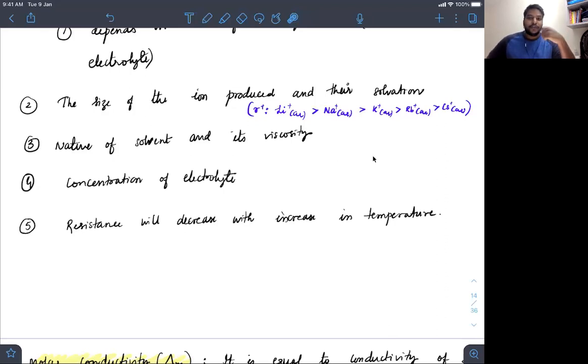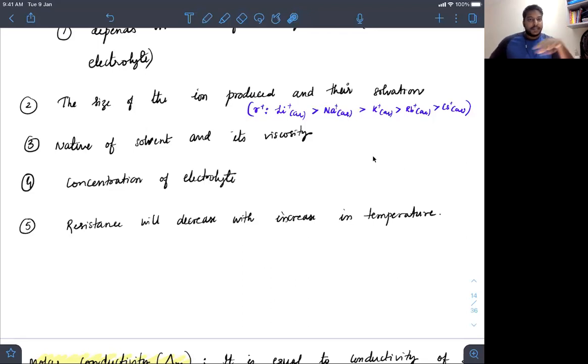So usually to convert any salt into ions, energy is needed, which is endothermic in nature. So it will help in electrolyzing the ions. Second thing, if you keep ions at higher temperature, the mobility of ions is higher, because ions will move at a faster rate at higher temperature.